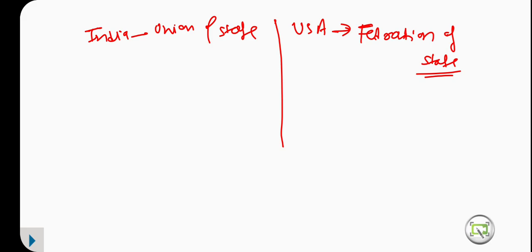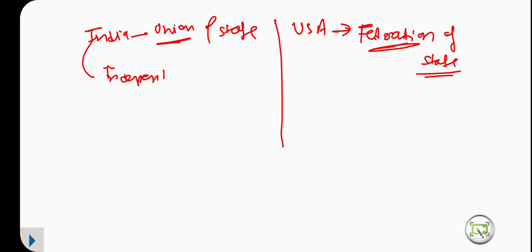When we form the group of states, then there is no provision for the seceding of any one state. But in the case of Federation of States, it is also a group of states, but here a state can come out from the group. That is the Federation of States.